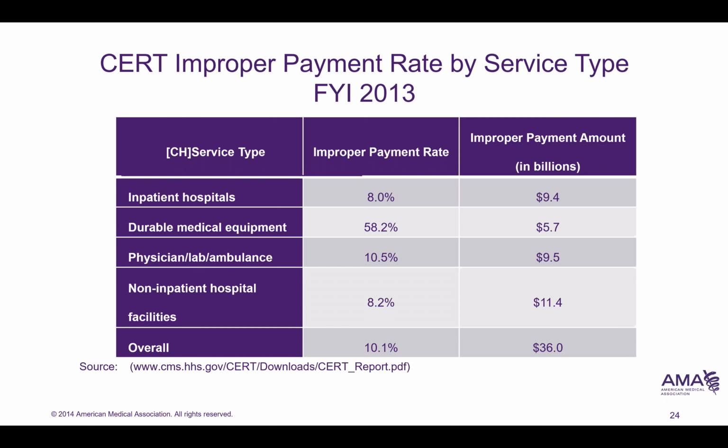So you can see these kind of run the gamut. Note that non-inpatient hospital facilities have an 8.2% improper payment rate, which comes to $11.4 billion. So overall, if we looked at all these things from the CERT, 10% of all claims, $36 billion.